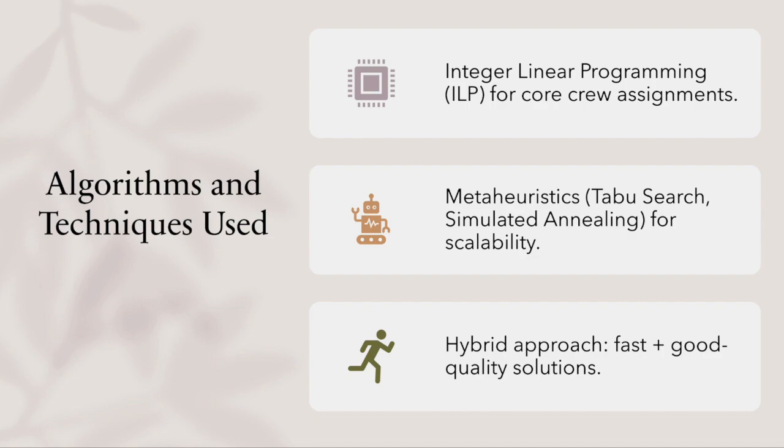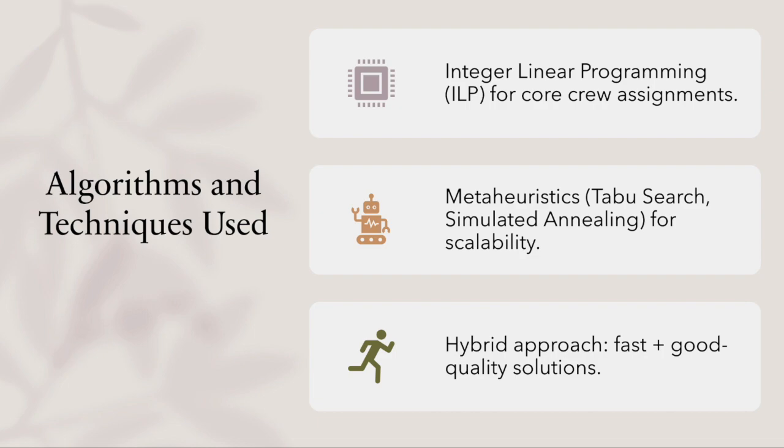First of all, let's start with integer linear programming, which is used for crew assignment optimization. Amtrak uses ILP to solve the core crew management assignment problem. ILP helps assign crew to trains in a cost-efficient manner while adhering to strict labor laws such as driving hour limits and rest periods.